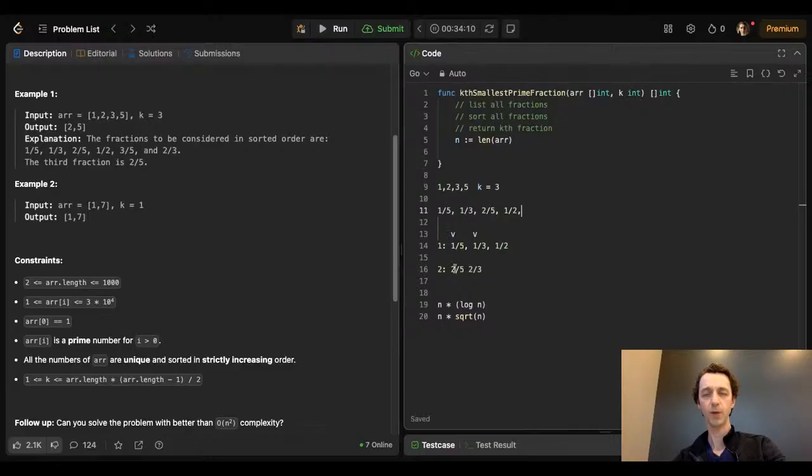Then we know we have this. 2/3 is at the end, and so on. And so we can make bigger steps, basically, not the steps by 1 fraction.